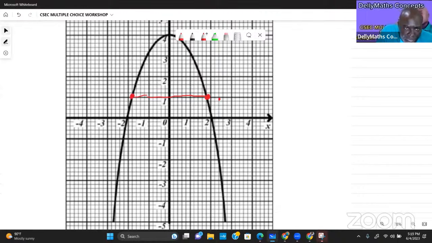You want to read off the x value for this and the x value for that. As you can see, it's going by 0.2. So I'm seeing a -1.8 based on the scale that we have. And then we have -1.2, 0.4, 0.6, 0.8. So I have a -1.8 and a +1.8.